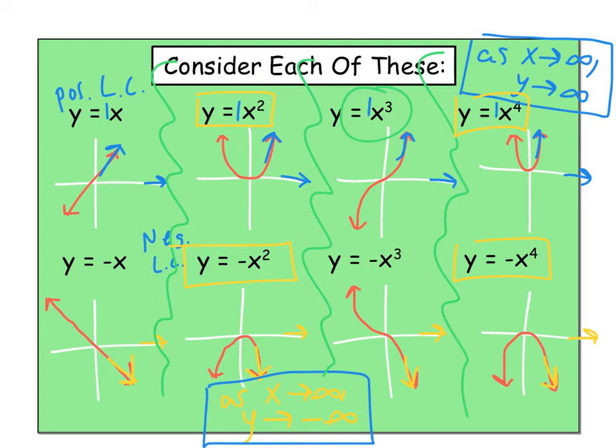I always just think of a parabola, x squared. Both ends are going to go up, or both ends are going to go down. That pattern is going to exist no matter how high the degree is. If the degree is any even number, both ends will go the same direction, and if the degree is an odd number, both ends will go opposite directions.